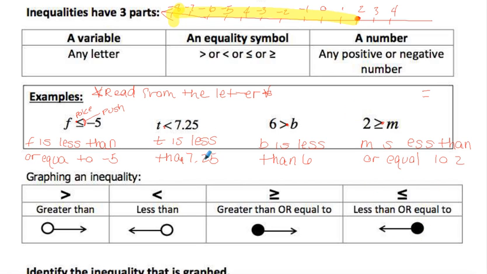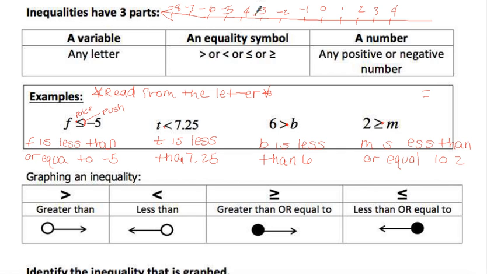But if I look at, say, this one, let me undo my work here. F is less than or equal to -5. I know F is equal to -5, so I can put a dot there. But I also know it's all the numbers less than that, so I can go this way. And all those plus -5 would be the answer. Now, let's look at this one. T is less than 7.25.